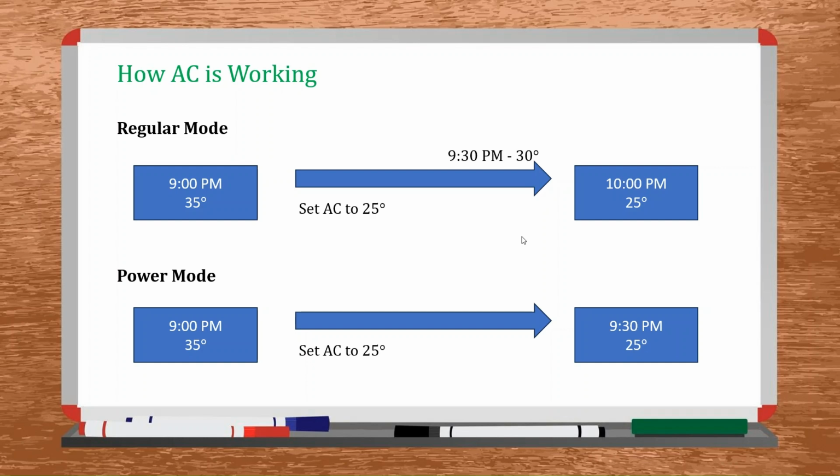Now let's consider the power mode. Let us assume a similar example. At 9 p.m. the temperature is 35 degrees and the AC is set to 25 degrees in power mode. In this case, as per the given information, the temperature would change to 25 degrees within 30 minutes, that is at 9:30 p.m. Again, if I want to further decrease the temperature, then I can set the power mode to 15 degrees, for example.